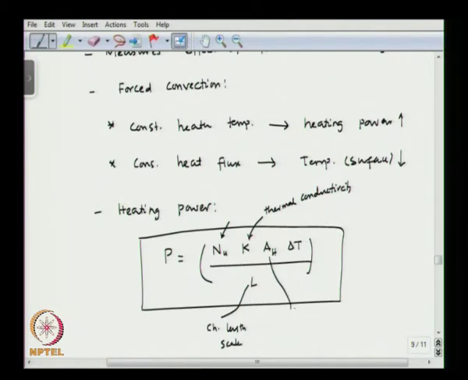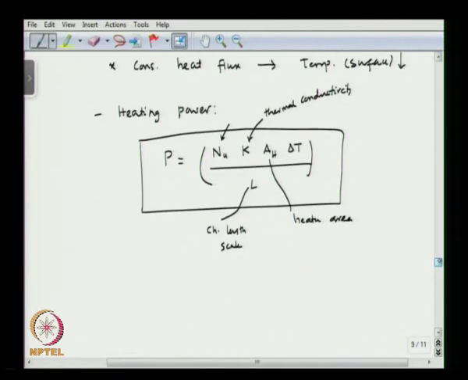Okay. This is the heater area, delta T is the temperature difference, and for laminar flow we have an expression for Nusselt number, which is square root of Re into Prandtl number to the power 1/3. Okay.